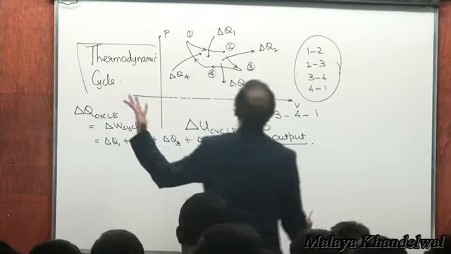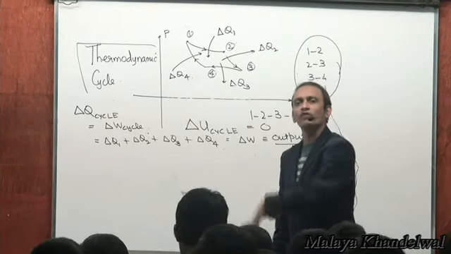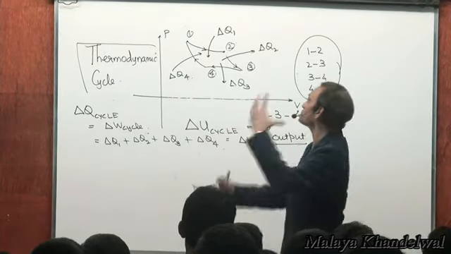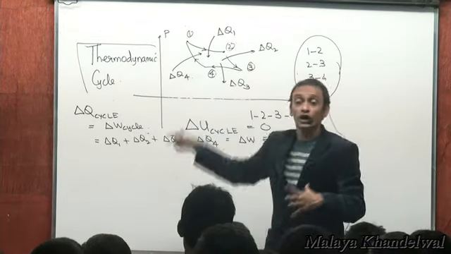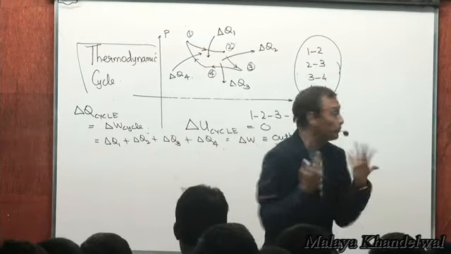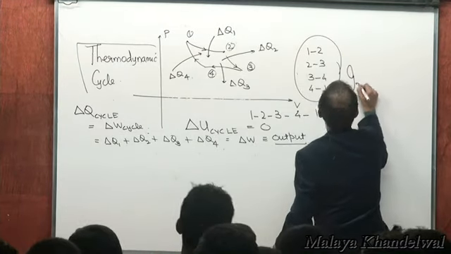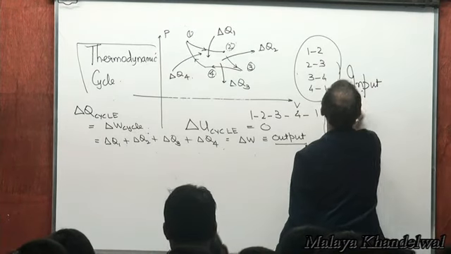So in this case, for example, to run the cycle, the amount of external involvement in terms of heat coming from outside is going to be delta Q1 plus delta Q4, entities that are supplied to the cycle. Yes or no? So the input to the cycle in this case is the sum of all the positive delta Qs.